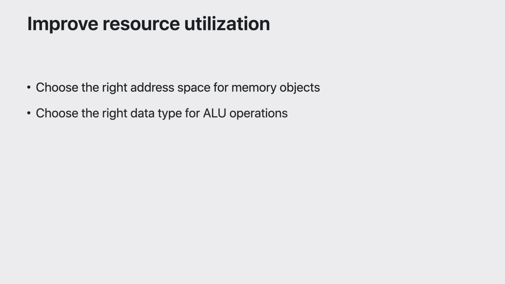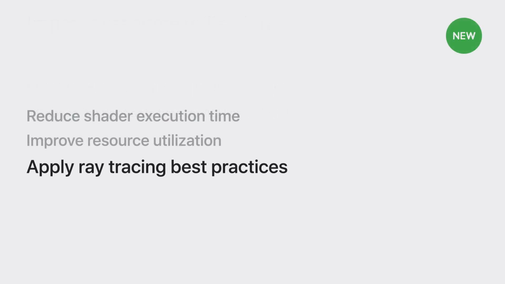Choosing 16-bit data types can help reduce the register and memory footprint. And in some cases, it can result in better utilization of the ALU parallelism in Apple Family 9 GPUs. For ray tracing shaders too, it is important to reduce shader execution time and improve resource utilization in order to improve the performance.